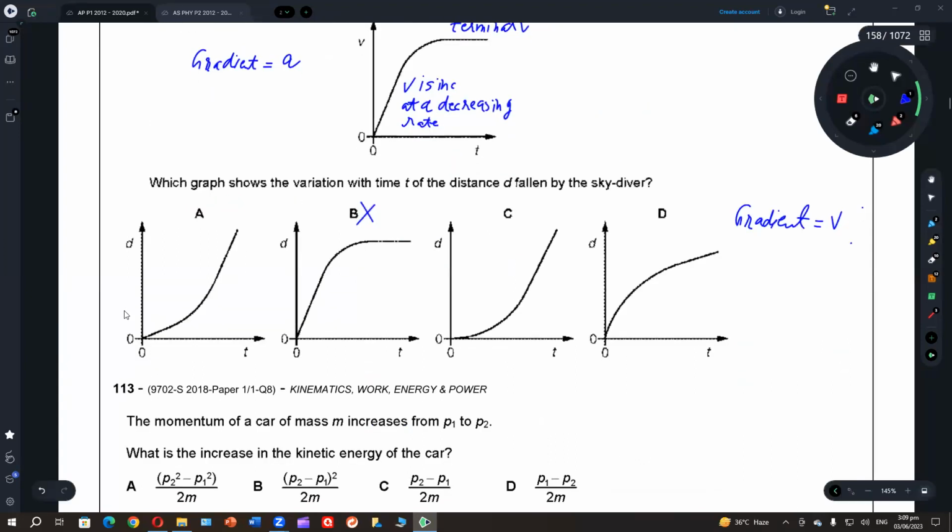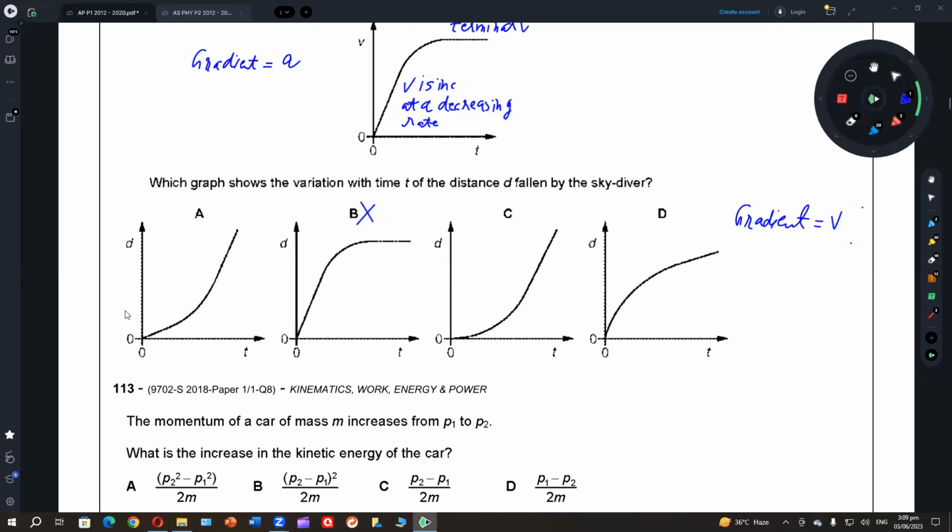In this graph, the options given are velocity distance time graphs. So we have to see a decreasing gradient gradually. We need a graph which is showing a straight line later, but initially it should be showing increasing gradient.